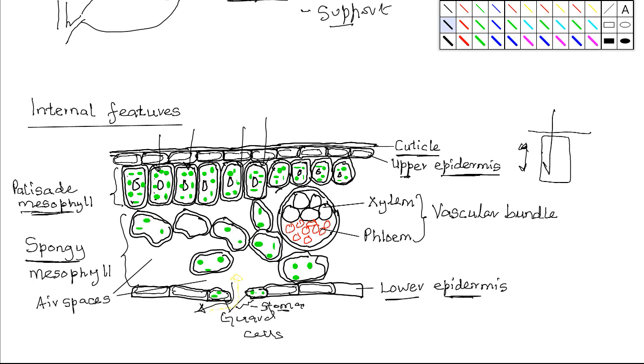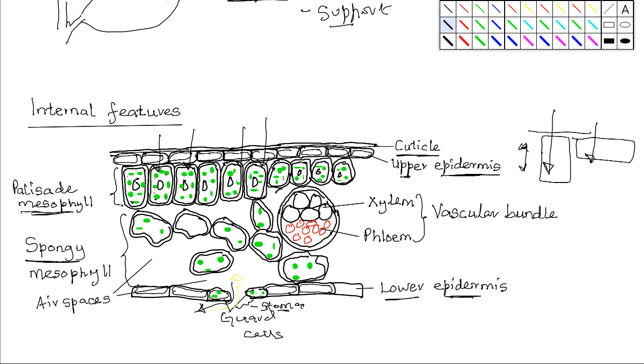So light will have to cross through a very long part of the cell, and in the process most of this light would be absorbed. If it was not for this orientation, such that the long axis is perpendicular to the surface, then this would be the arrangement, and light would be crossing through a relatively smaller volume of the leaf, thus less light would be absorbed.